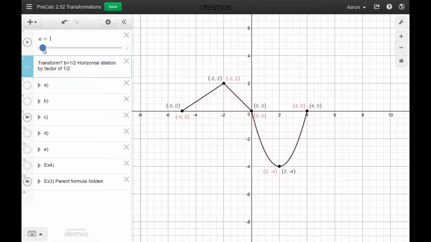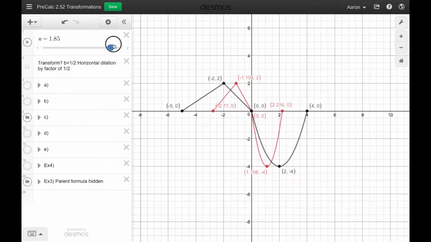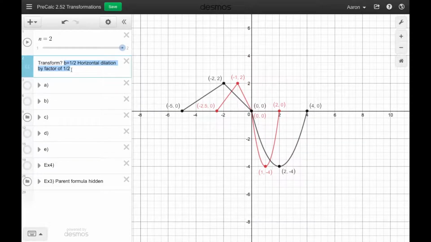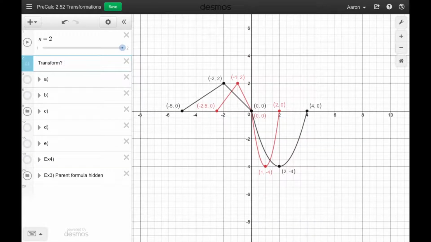All of the x values are going to get half as far from the origin, from the y-axis. It's going to get narrower. So you see negative 5 turns into negative 2.5, negative 2 turns into negative 1, 4 turns into 2, 2 turns into 1. Pause it, copy it down, both the text and the red part. And then we'll move on.